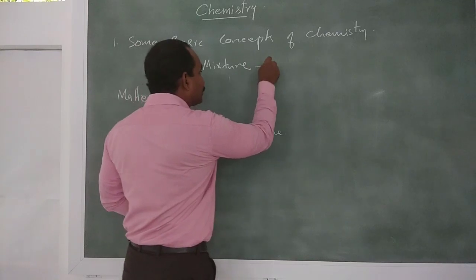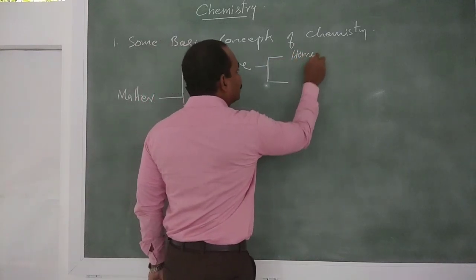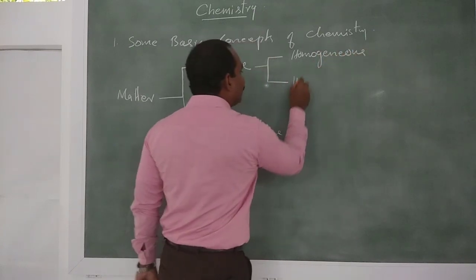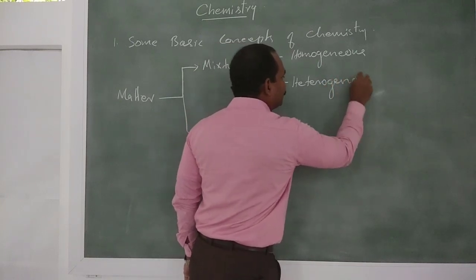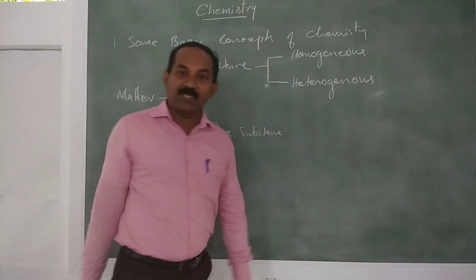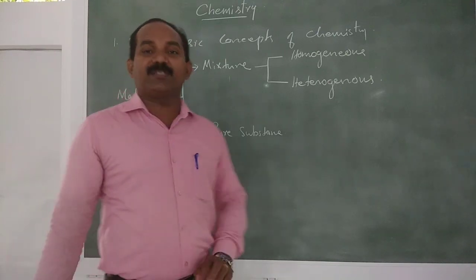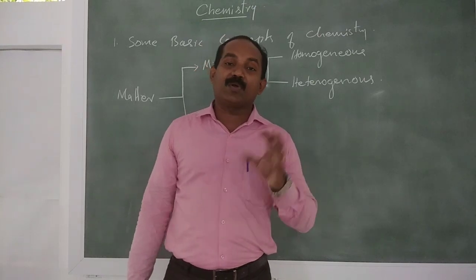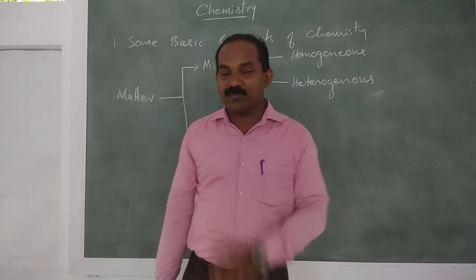So mixture is classified into two: homogeneous mixture and heterogeneous mixture. Then pure substance. What are pure substances? Pure substance contains only one type of particles, one type of substance.